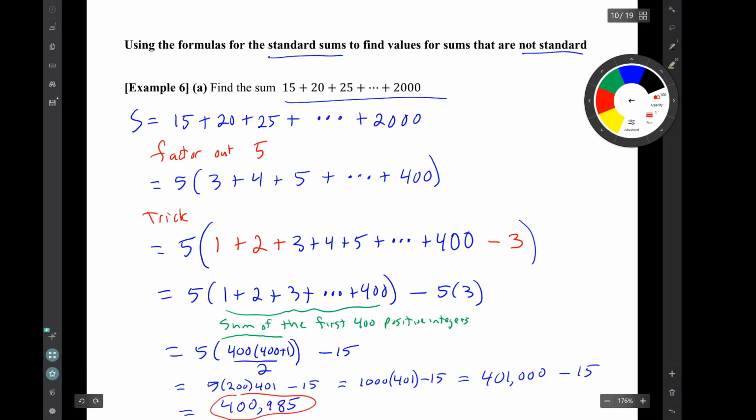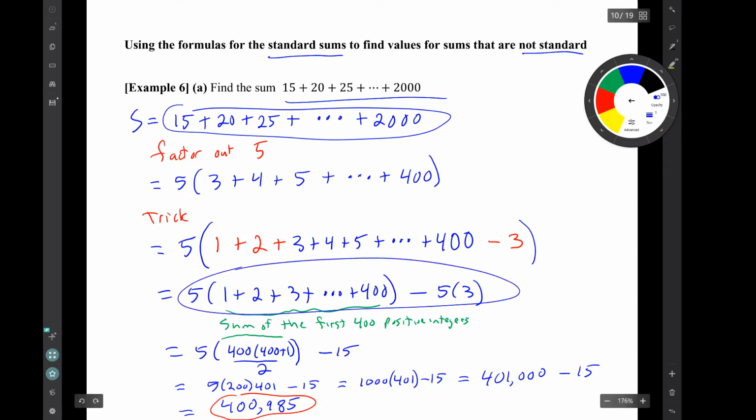We get a result that S is this number, 400,985. So again, we computed the value of a non-standard sum by rewriting that non-standard sum in a way that we could spot the form of a standard sum inside the expression. And then we used the formula for the standard sum.